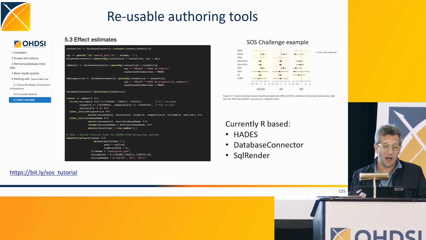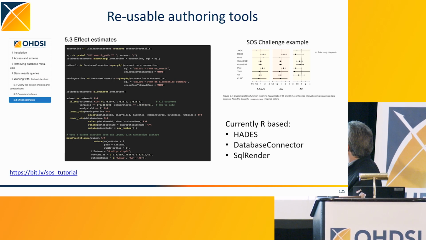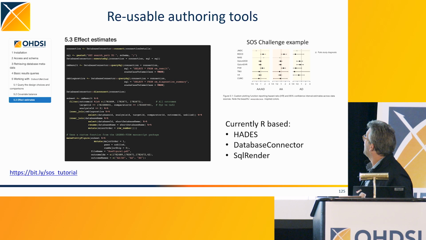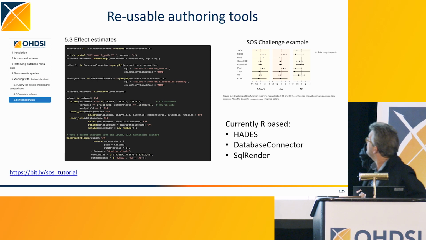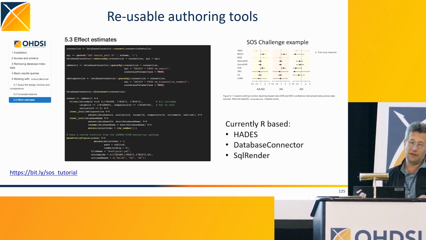Here I'm just using a combination of DatabaseConnector and some data manipulation, particularly SqlRender and all the tools within Hades to render, in this case, a figure that you might see in a paper. And this is the code that we had to put together to render this figure that we ended up using in the SOS challenge.